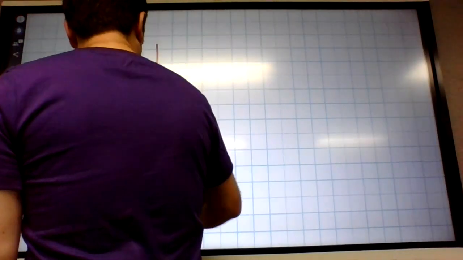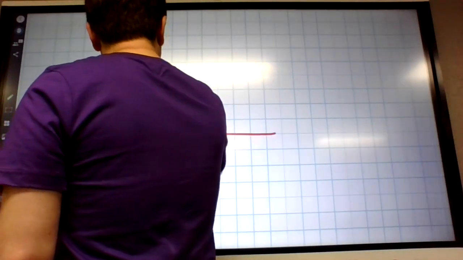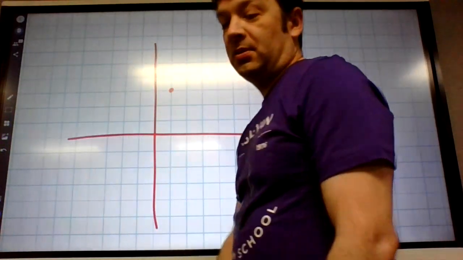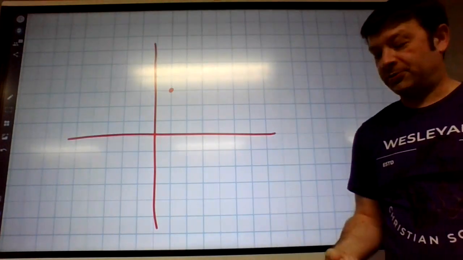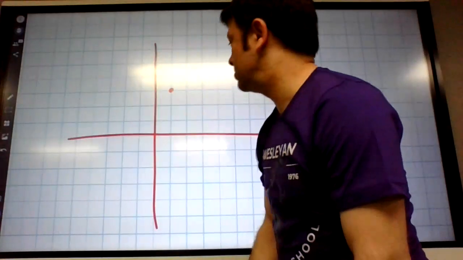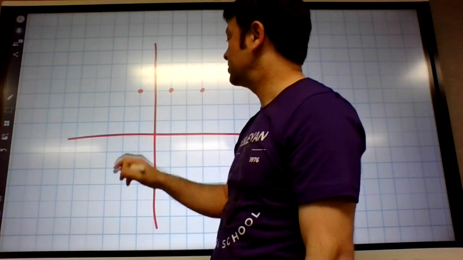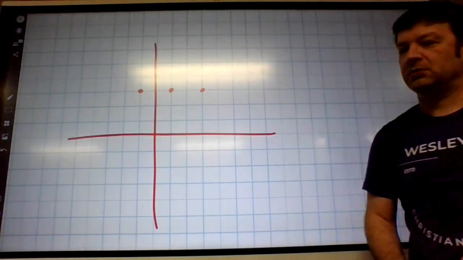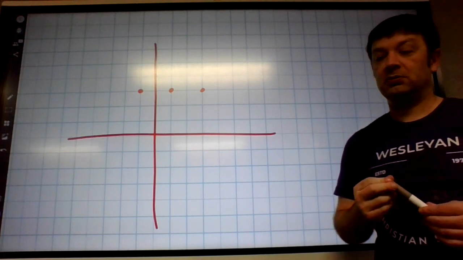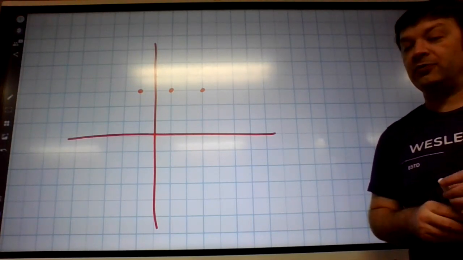Okay, 13. Where's the center going to be? 1, 3. So let's put a dot on our graph at 1, 3. Okay, the major axis will be the x-axis. The square root of 4 is 2. So go 2 to the right and 2 to the left of center. And the slope is square root of 4 over 4 again.